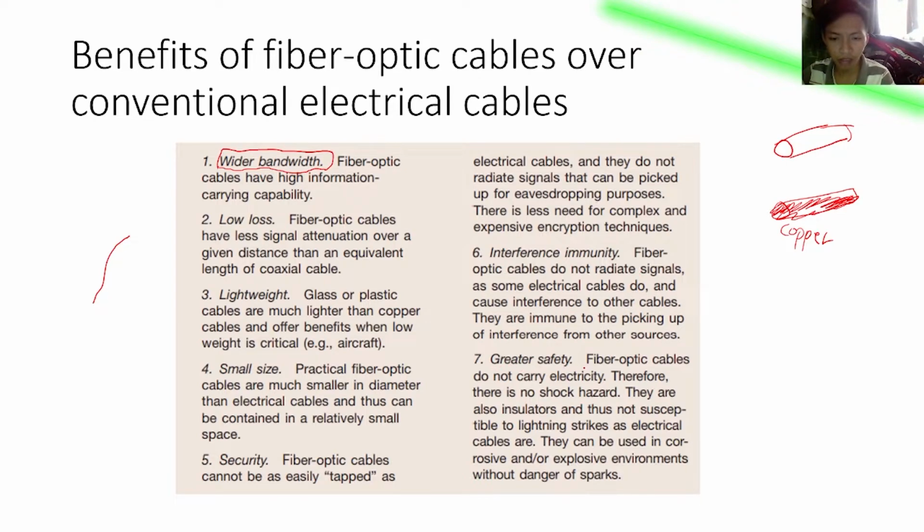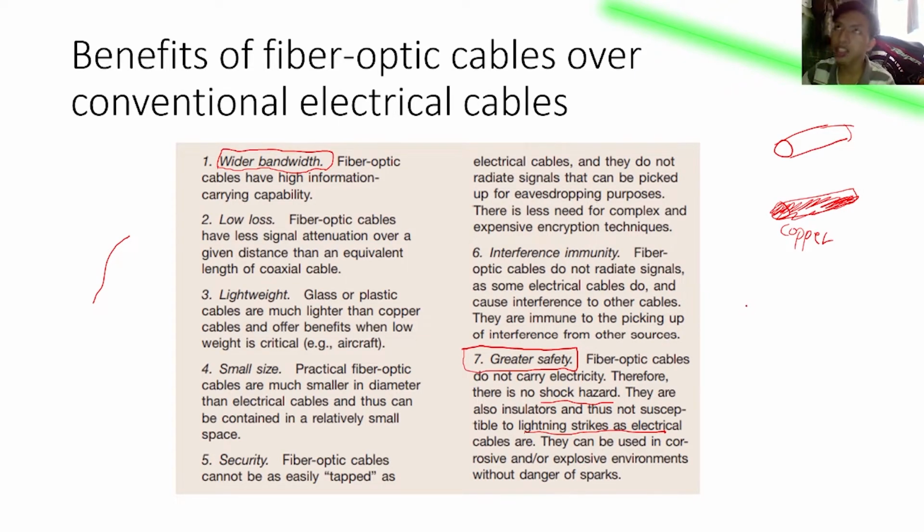And greater safety. Perhaps this is what I like the most, since there is a danger with electrical cables, which produce shock hazard and are also susceptible to lightning strikes. Okay, so fiber optics can also be used in corrosive and explosive environments without the danger of sparks.